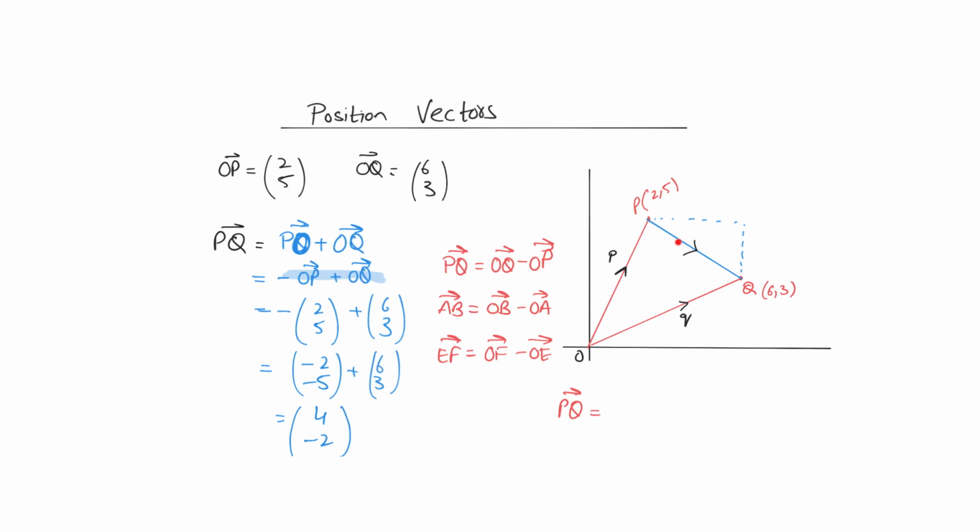You need to move from P to Q, so you will go from P to O. If OP is given to me as p, and OQ is given to me as q, then I am traveling opposite to the p direction, so I write negative p, and I am going along the q direction, so plus q. So in terms of p and q, I can either write PQ as minus p plus q, or PQ as q minus p.